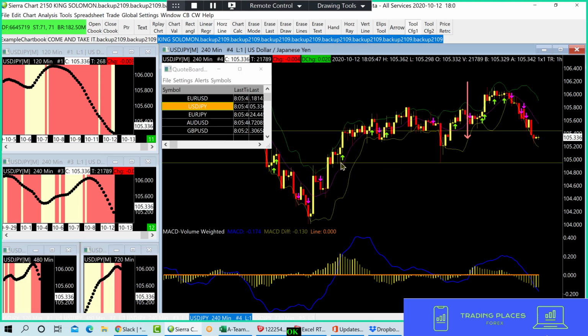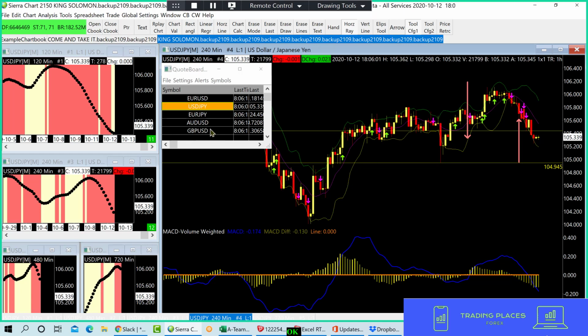It tested the line twice and bounced up, and that's probably what's going to happen here. You do have a little bit of time before you get from here to here, but when it does go here, it probably is going to bounce. So I would take that north after it hits this line right there, 104.945, and then it'll go north.